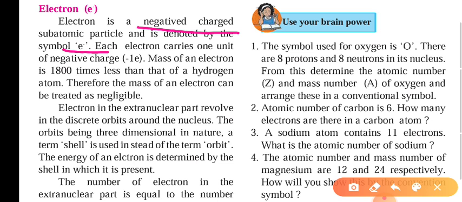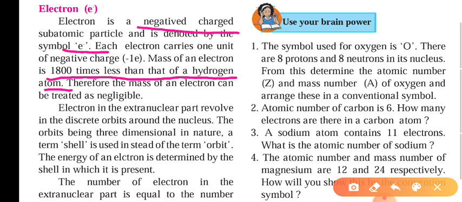The mass of an electron is about 1800 times less than that of a hydrogen atom. Its mass is much less, so the mass of an electron can be treated as negligible.